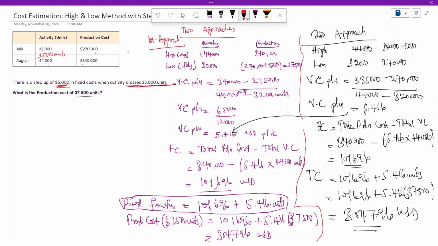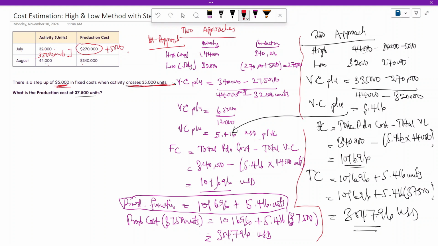Now, look here. From 32,000 all the way to 35,000, the question says that the production cost is $270,000. So within this activity range, 32,000 to 35,000, the cost is 270,000. Immediately the activity level crosses 35,000, this cost will increase by 5,000.